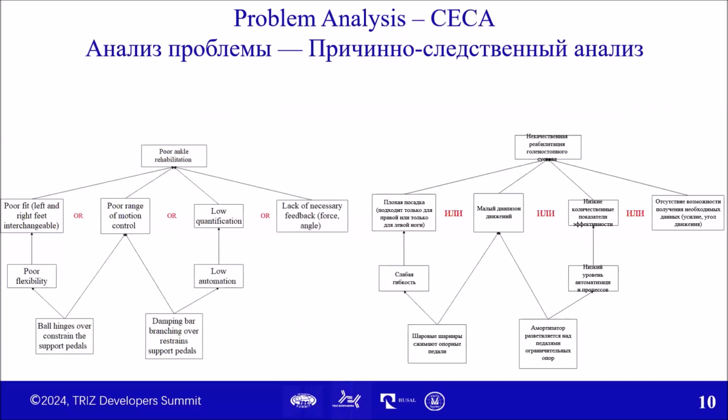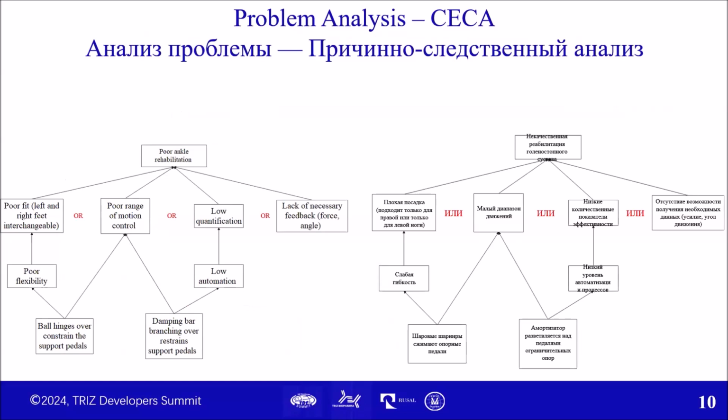This was followed by finding contradictions, which concluded that the biggest problem with the system was poor ankle rehabilitation, caused by poor flexibility, poor range of motion control, low quantization, and lack of necessary feedback.